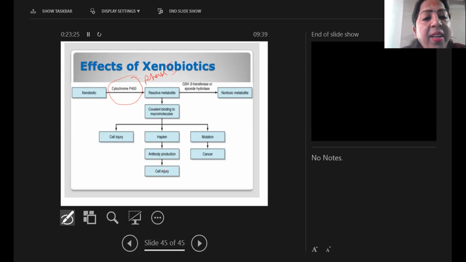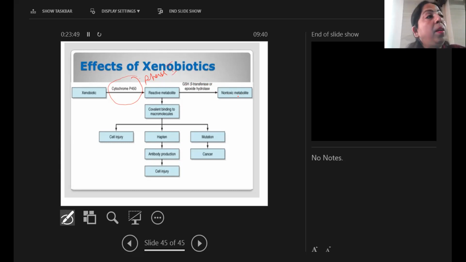Okay. Then for the reactive metabolite, what can be the other fate? The other fate can be a conjugation reaction, via glutathione transferase or via a number of conjugating enzymes and reactions. It can convert it into a non-toxic metabolite in most cases.